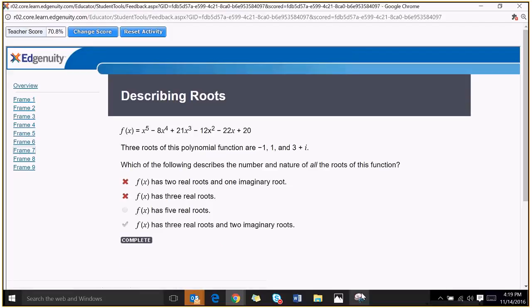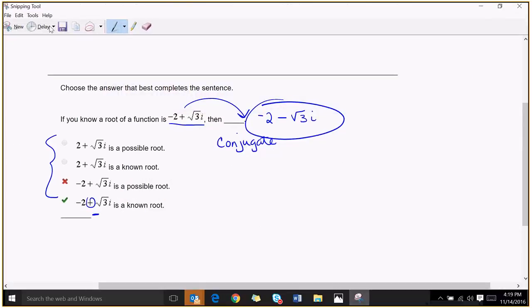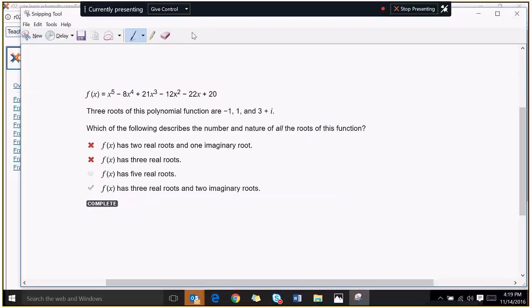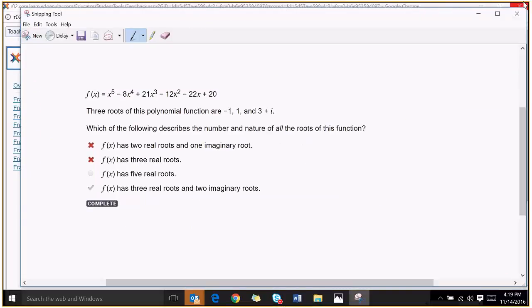All right, so let's take a look at this one. So this one here is telling you that here is your equation. Now, how many roots does this whole equation have? 5 roots. Now, it's telling you that 3 roots of this are -1, 1, and then you have 3 plus i. Well, you know if you have 3 plus i that you also have 3 minus i, correct? Because these imaginary numbers have to come in pairs.